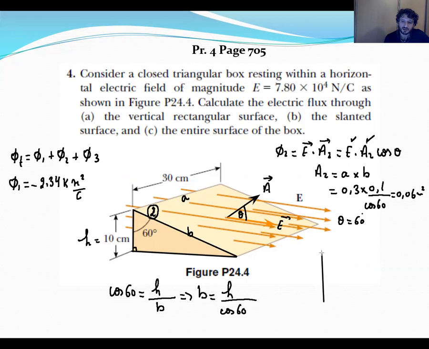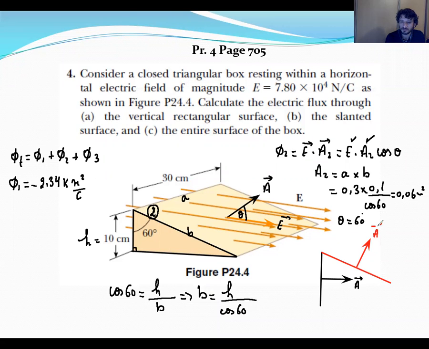If we move the plane by 60 degrees, the initial position has A1, or A in general, and the final position has A prime.